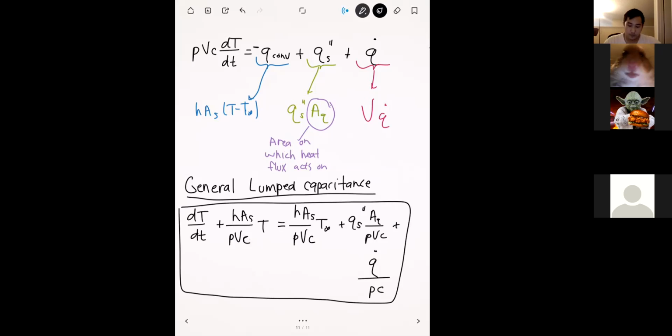And so that's our formula for general lumped capacitance. I will say that most of the time you're not going to work with all of these terms at the same time. A lot of times you're going to apply some assumptions to cancel out some of these terms.